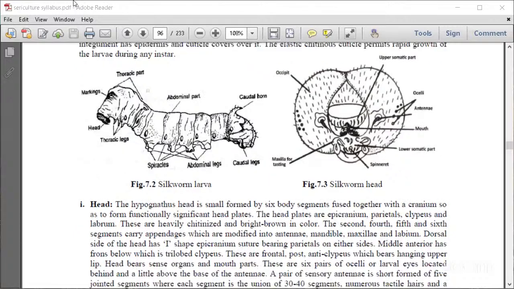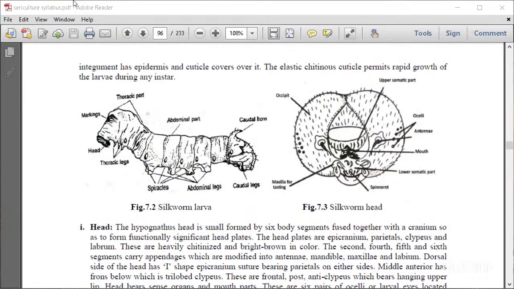I hope we already discussed the systematic position of the life cycle.